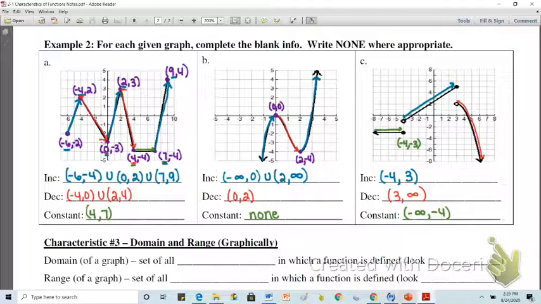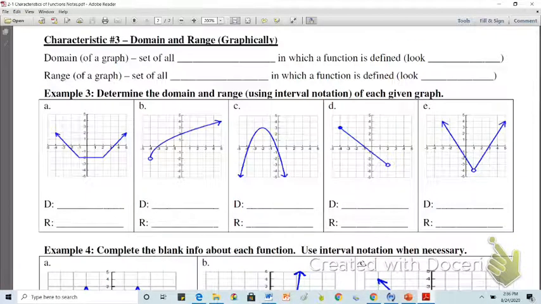The last thing we're going to look at is domain and range. So domain and range is something that we have done pretty much in every math class from Math 1 on, and we will continue to do it in next semester's math class.